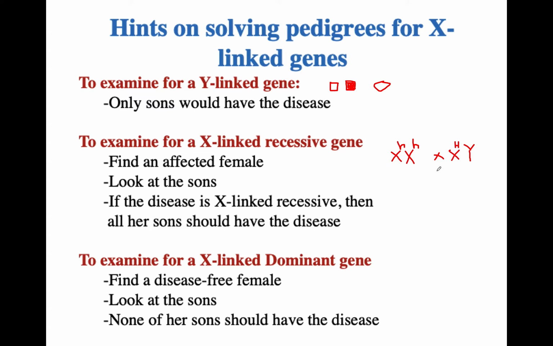Sons only inherit their Y chromosome from their dad. They don't inherit an X chromosome from him. So any phenotype that the sons of this marriage show is because of the X chromosome that they inherited from their mom. So the only chance that males have in this case, if the mother is hemophiliac, is hemophilia.